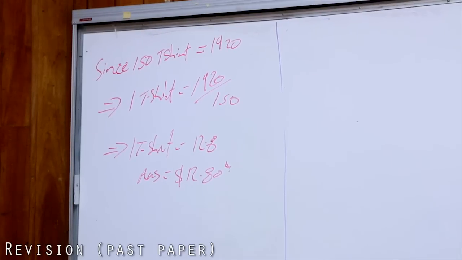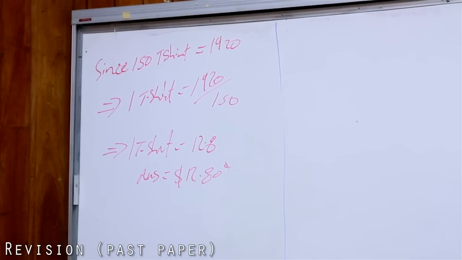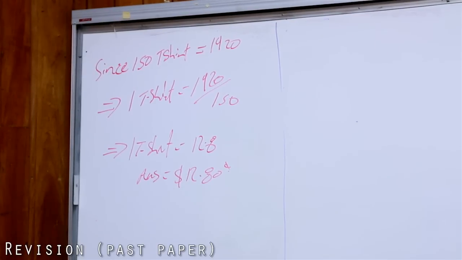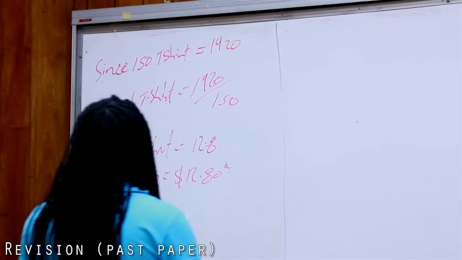All right. The T-shirts are sold for $19.99. Calculate the amount of money Miss Jack received after selling all T-shirts.